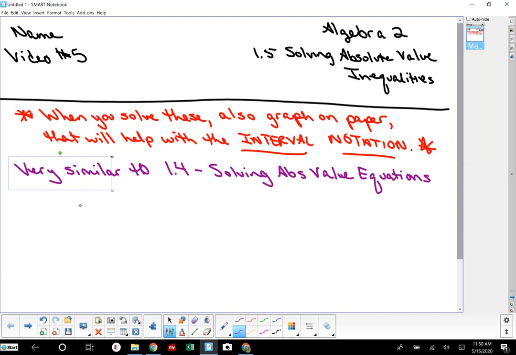So we're going to start out with an example: the absolute value of x minus 5 is greater than or equal to 2. Now, you're going to do the same thing you did before. The first question you ask yourself is, is your absolute value equal to some number, and only some number?